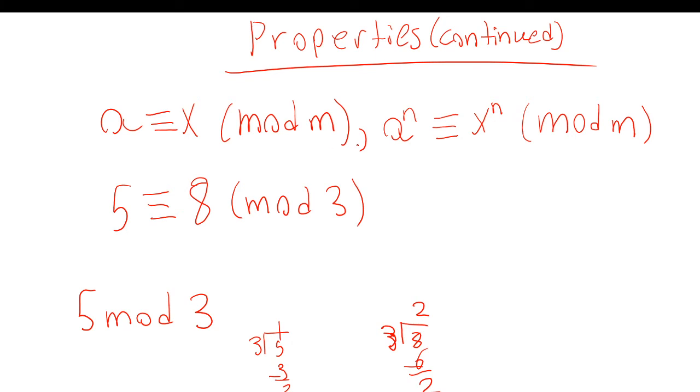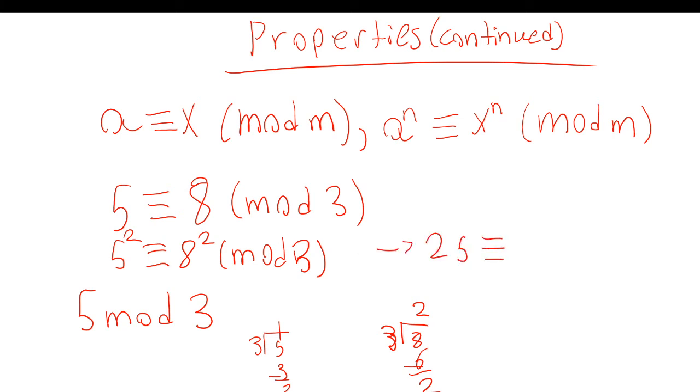So if I have a congruent to x in mod m, then I can just raise both of these to the same power. I'm going to square both of them. So I have 5 squared is congruent to 8 squared in mod 3, not mod m. And this means that 25 is congruent to 64 in mod 3.